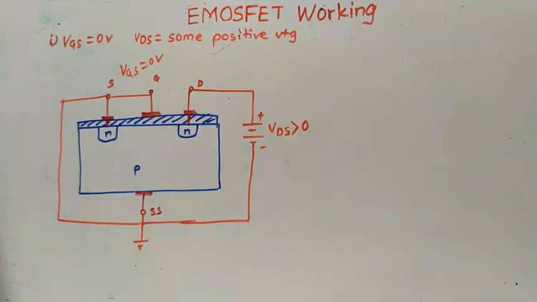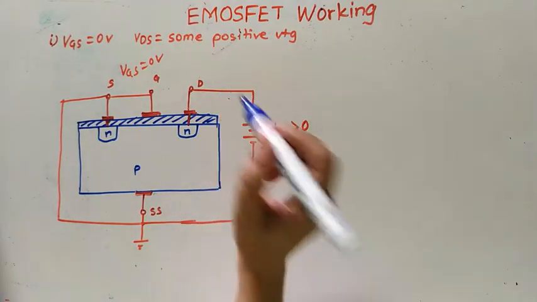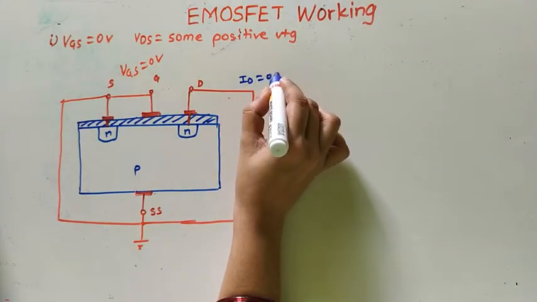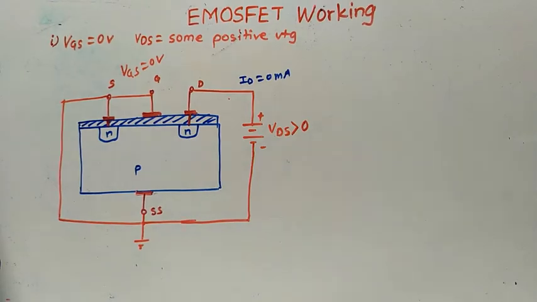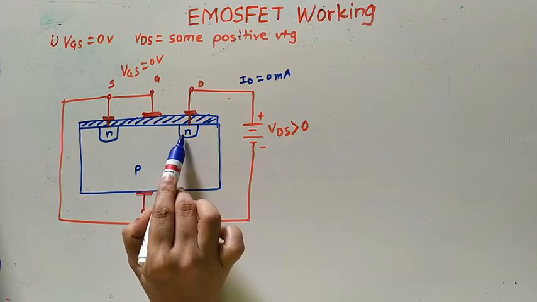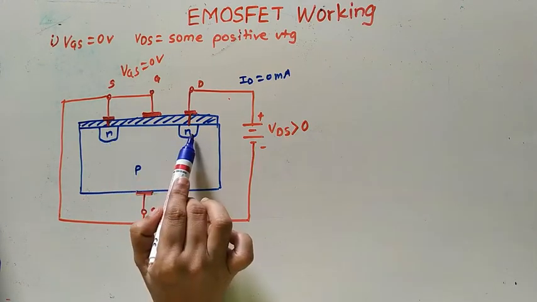So what happens when we provide such an arrangement? The current flowing through the drain terminal, that current ID, will be equal to 0 milliampere, because the channel is not present between the N and N material of the source and drain terminals.